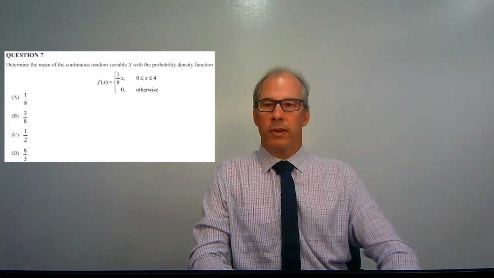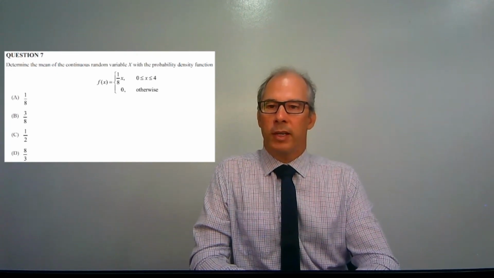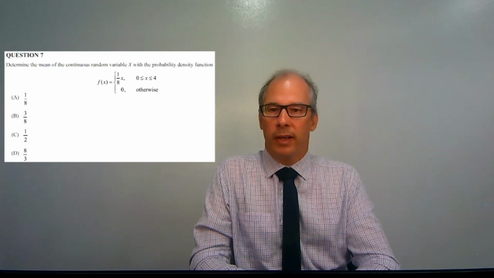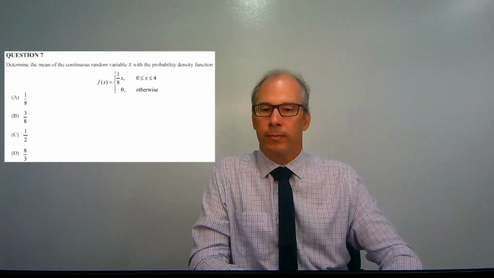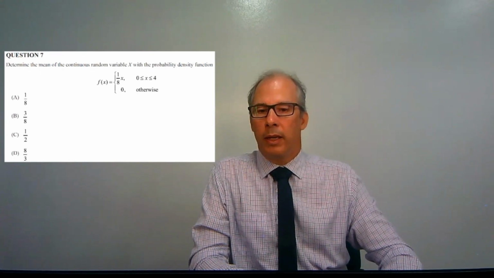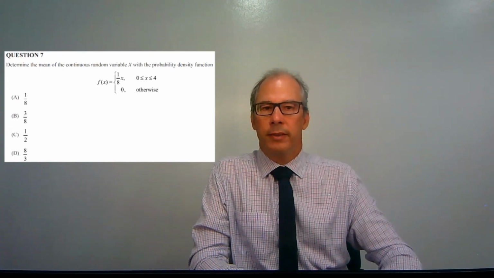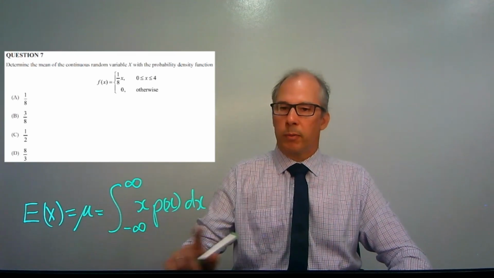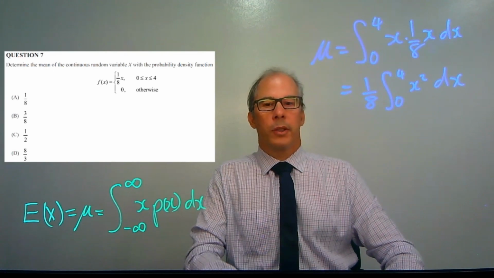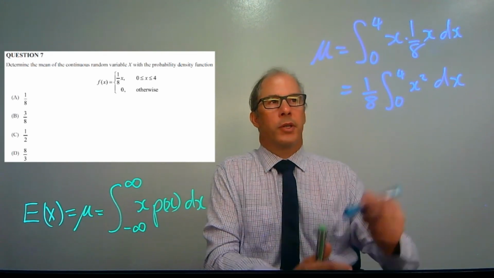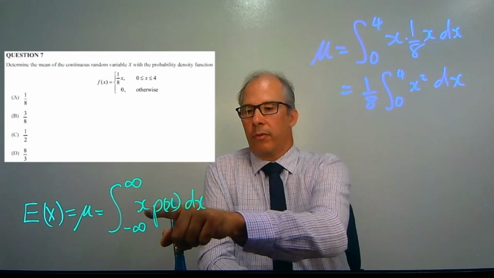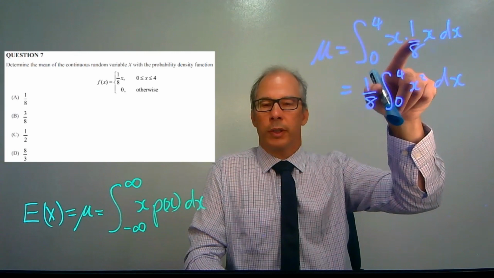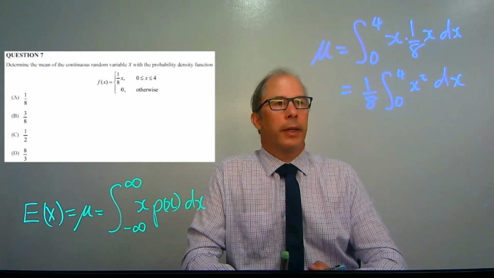And question 7, determine the mean of the continuous random variable x with the probability density function f of x equals 1 over 8x. Well, for this question here, again, you can refer to your formula sheet for our definition of our expected value. So what we're actually doing is determining the mean between 0 and 4 of x, multiplied by p of x, which is given in the question as 1 over 8 x dx.